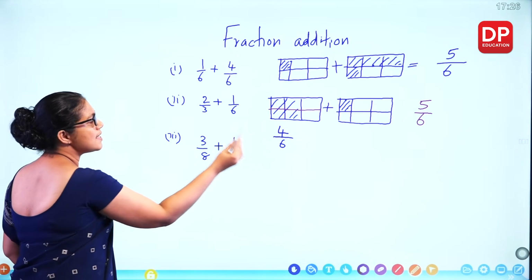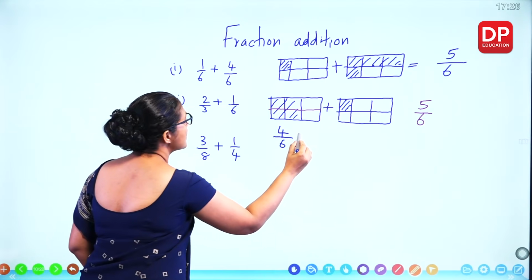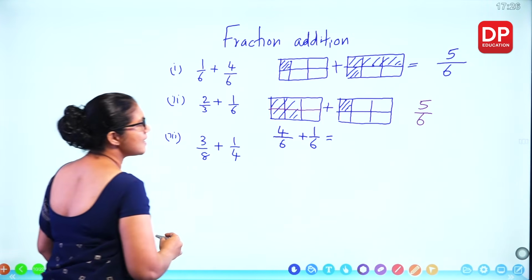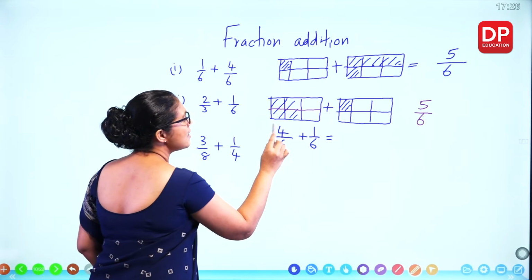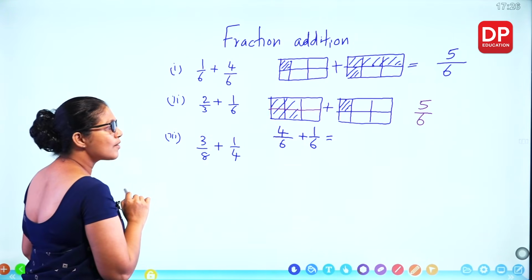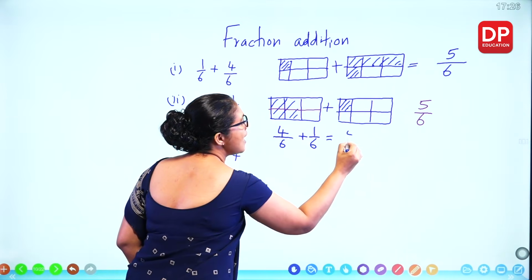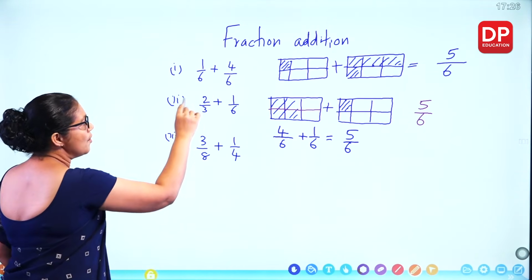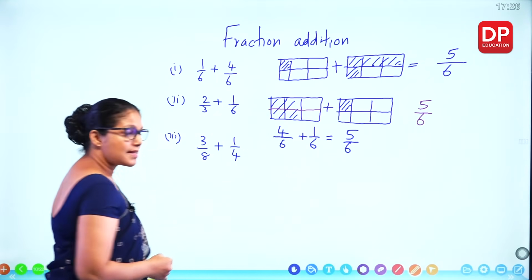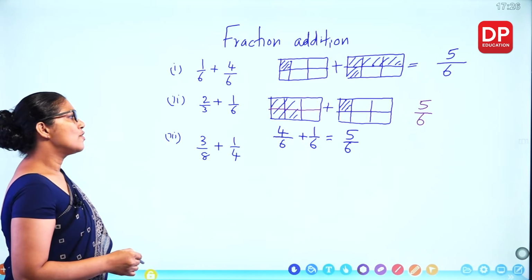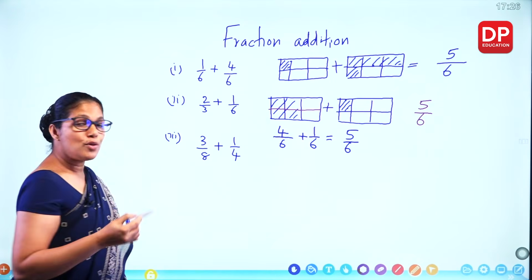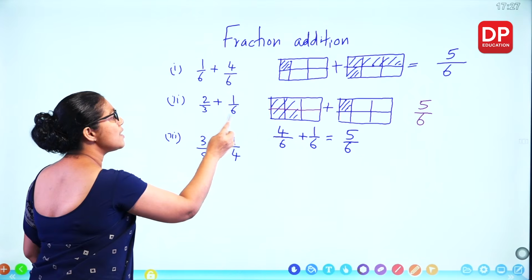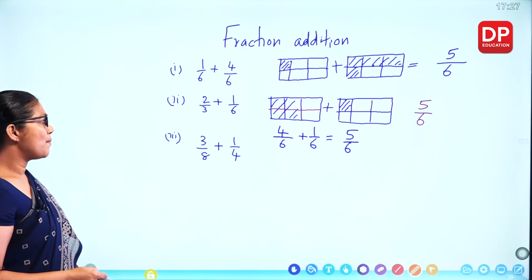So 2/3 is equivalent to 4 over 6, plus 1 over 6. What's the answer? Same denominator, 4 and 1, you can add them together and write 5 over 6. So now you can see you get the same answer without drawing the diagram. Try this method. When you get different denominators, you have to convert to the same denominator.